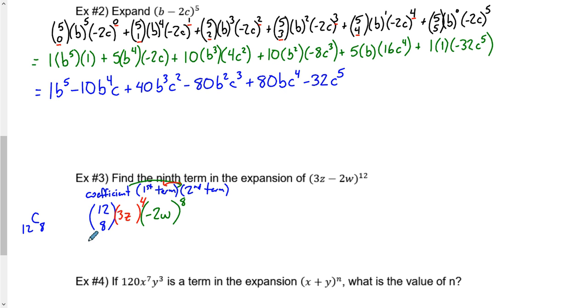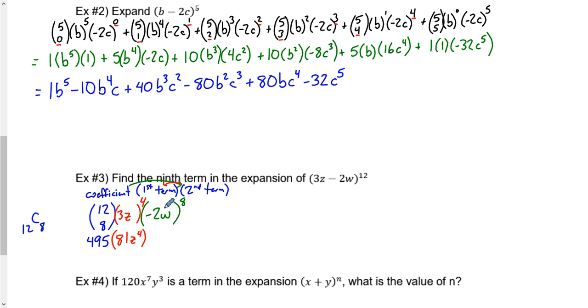12c8, 495. We're going to multiply it by 3z to the power 4. Well, 3 to the power 4 is 81. z to the power 4 is z to the power 4.